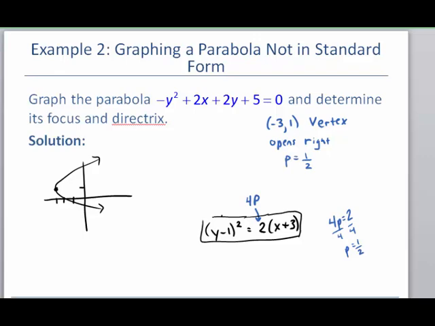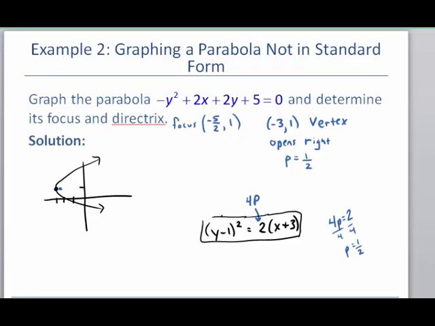So my focus is going to sit really close to that vertex. And so what is that point? For my focus, it's not going to be a -3 because that would take me to the vertex. It's actually going to be -2.5, so we would say -5/2. And the height, the y value, stays at 1.